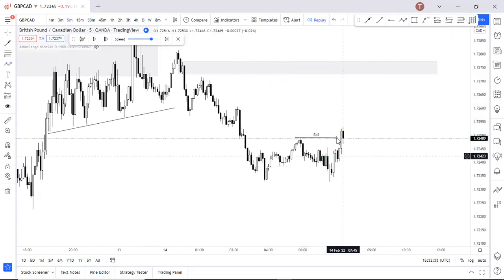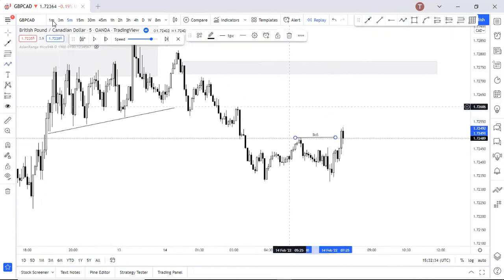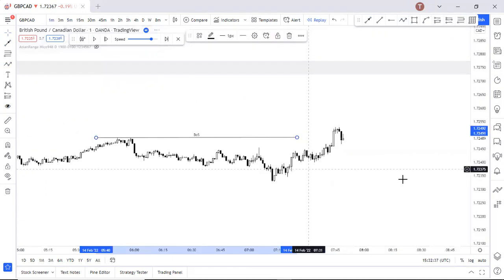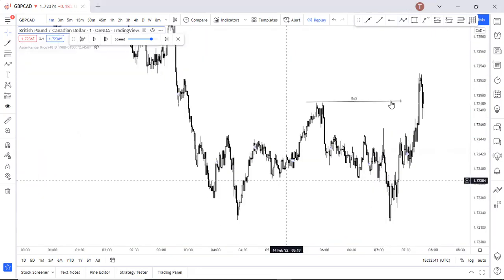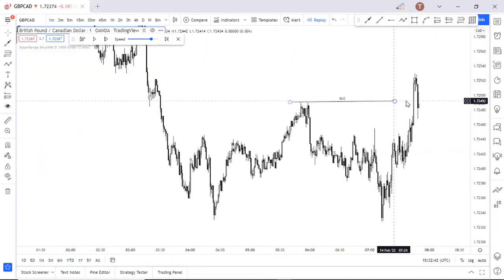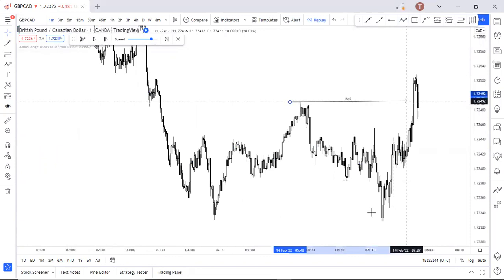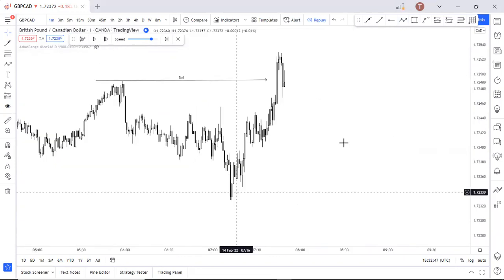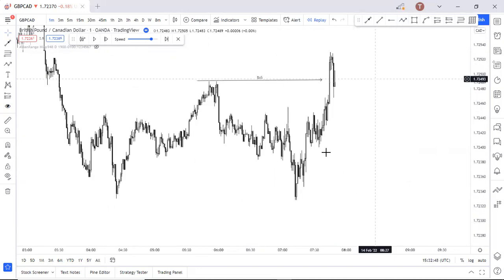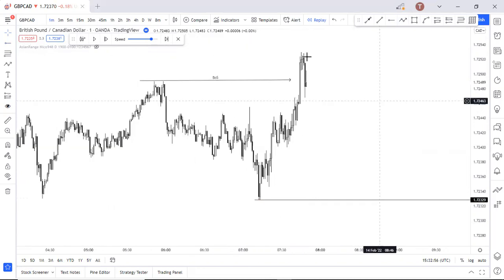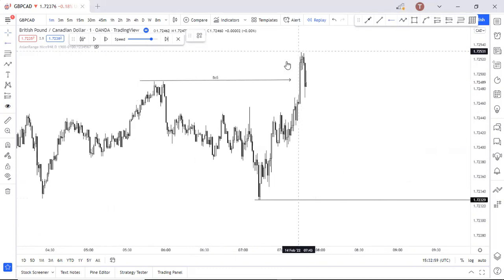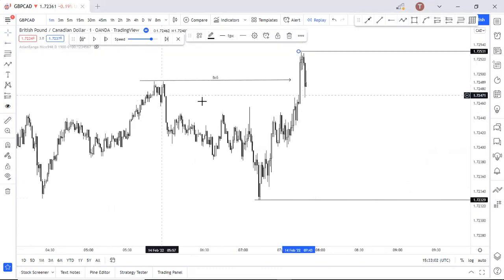Once we had this taken out, I went down to the 1 minute time frame to look for an entry opportunity, and I was able to get one on the 1 minute time frame. On the 1 minute time frame, we can say that this is our last low because this low gave us this high that broke this last high.